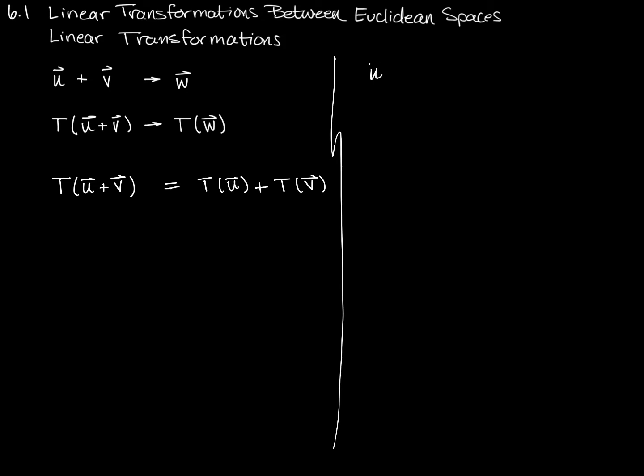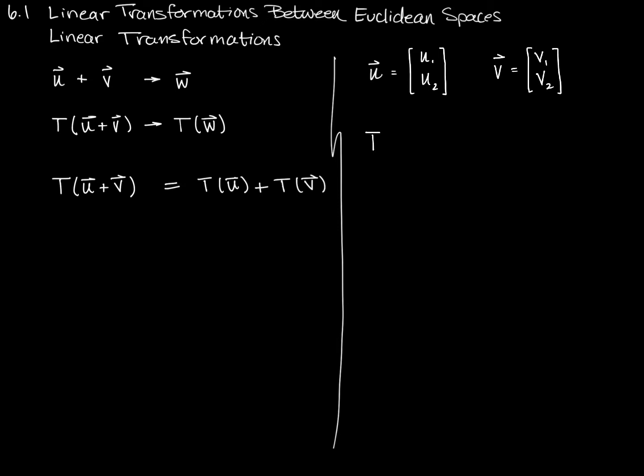If I have u equals u1, u2, I'm just using u's here because I'm about to create another vector, v, which contains the components v1, v2, then I can talk about the transformation T as being either linear or not linear.